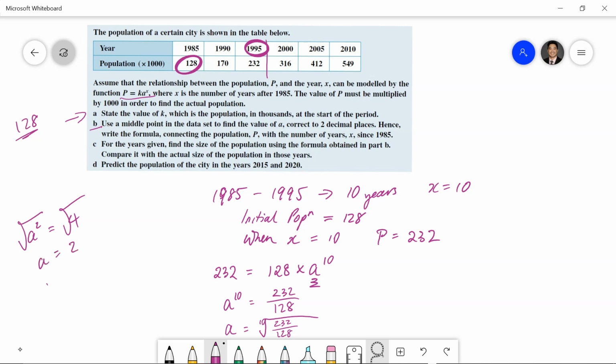If we had, say, a to the power of 3 is equal to 27, then what we want to do is the cube root to get the answer for a.